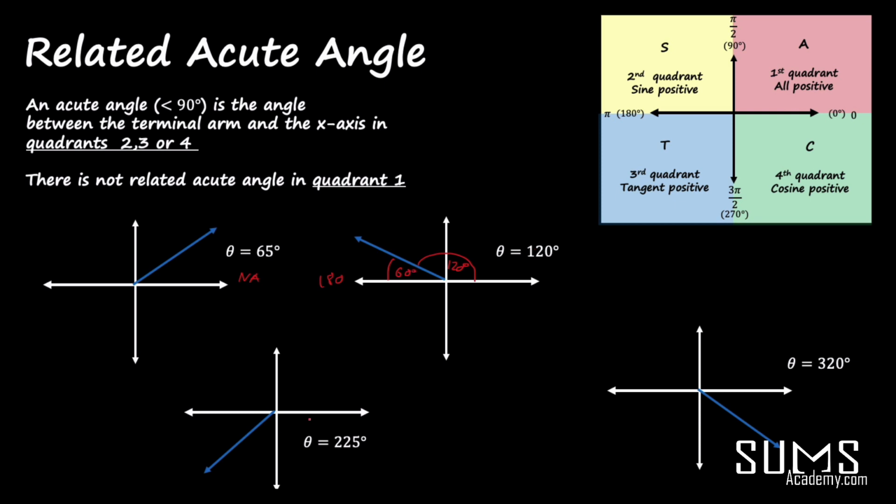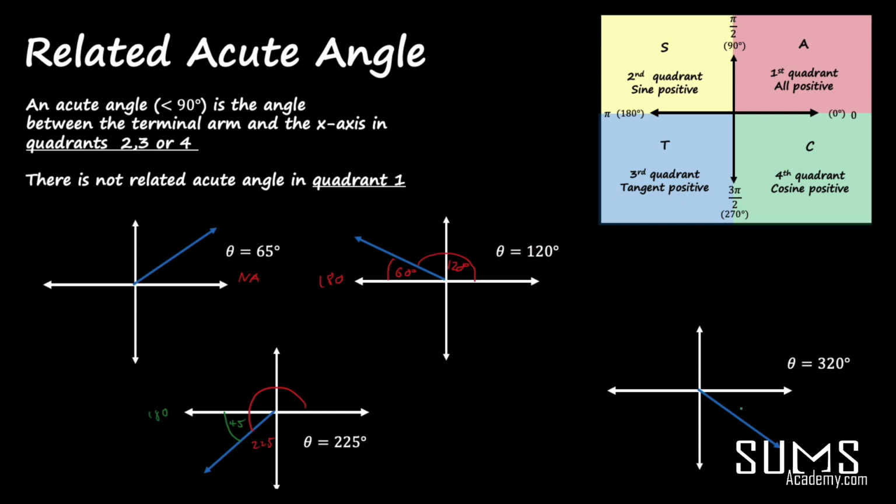What about here? Well, we can see that this is 225 degrees. This goes all the way around. But what about the acute angle? Well, we're going to be working the other way now, from here to here. This is 180, so it's going to be 45 degrees.